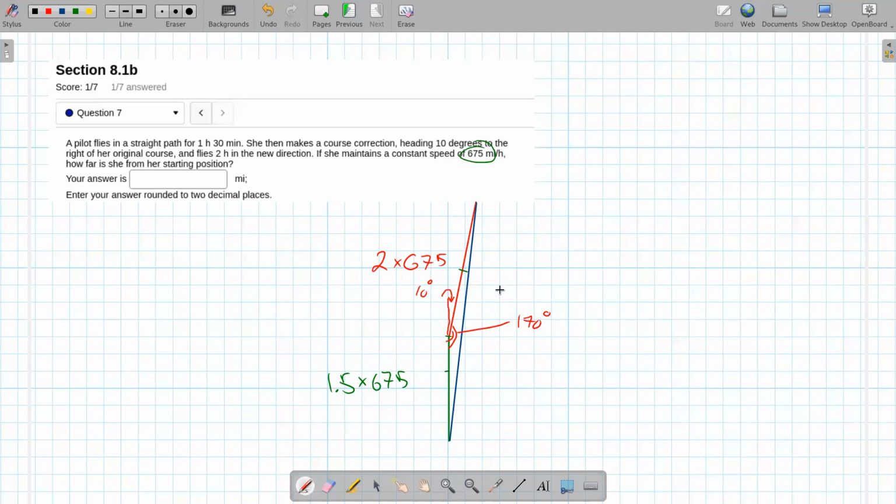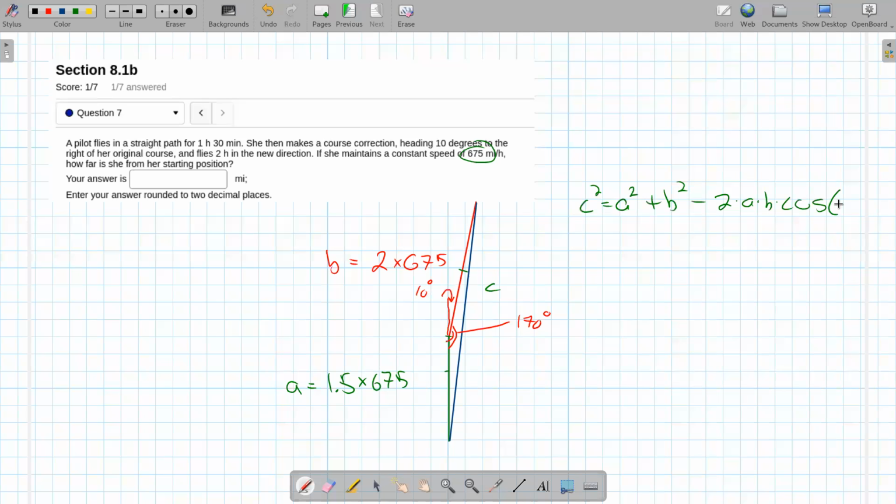the law of cosines. So this opposite side, so let's maybe call these side B of my triangle. And this one right here could be side A. And we want to know that distance here, let's call that side C. So according to the law of cosines, C squared equals A squared plus B squared minus 2 times A times B times the cosine of the angle between them, which we just calculated.